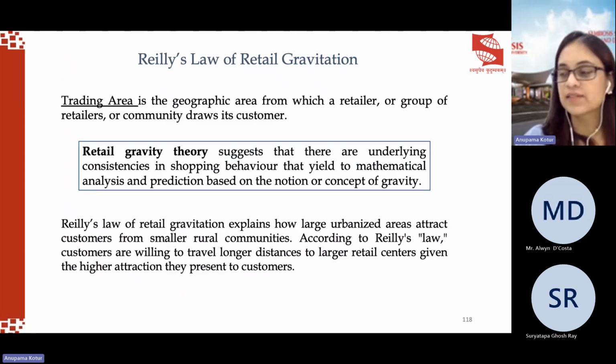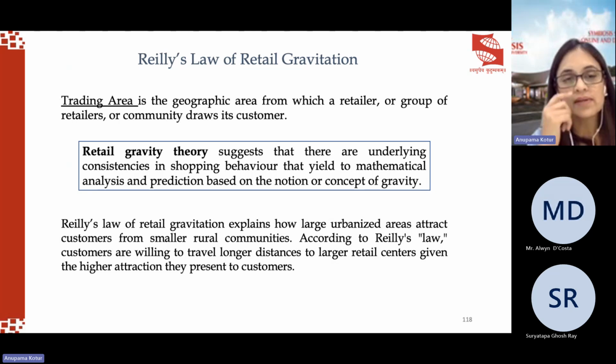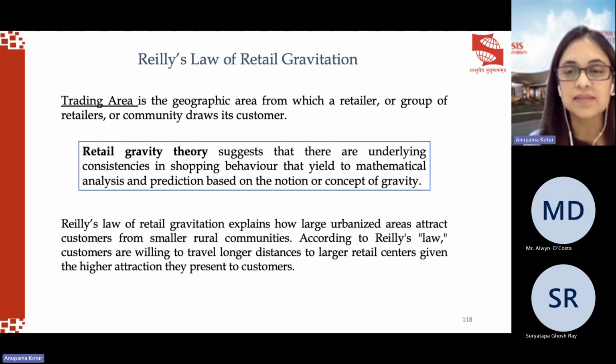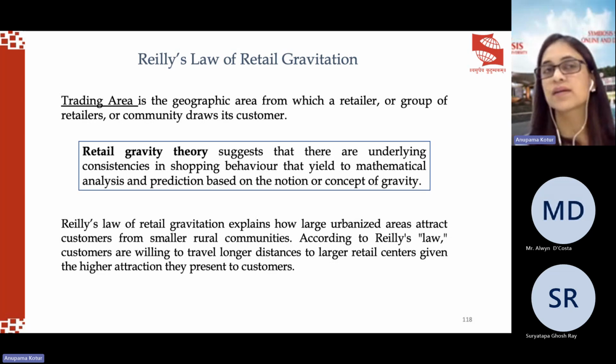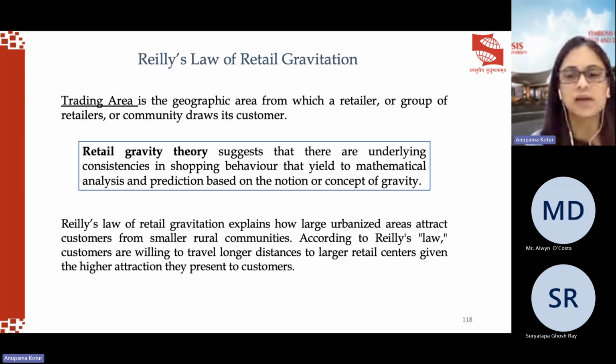Okay, and then the next one is something that's called Reilly's law of retail gravitation. Now, retail gravitation theory suggests that there are some factors that are really consistent across different countries. These shopping behaviors that consumers demonstrate could be the same whether you're talking about the US or whichever other country you're talking about, our own, for example.